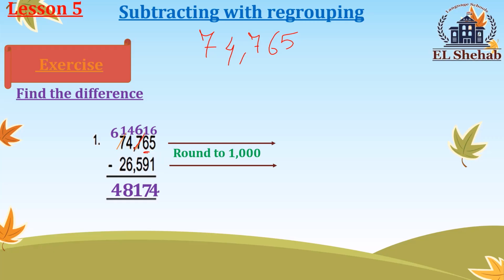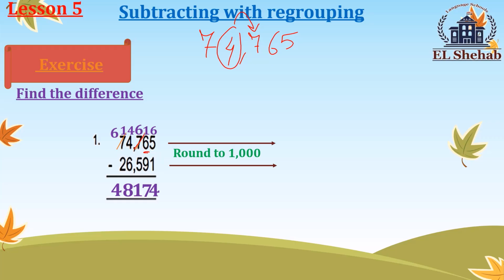The first number is 74,765. If I want to round it to the thousand place, first step, find the place. Look next door. Greater than 5 or less? Yes, the number next door is greater than 5. So it will round up the 4.